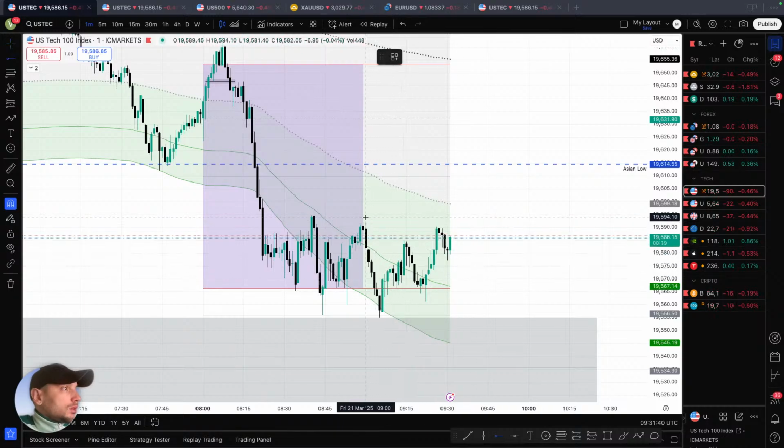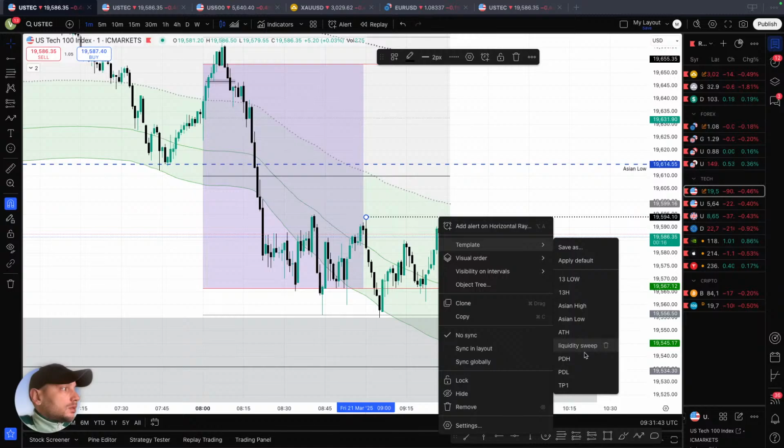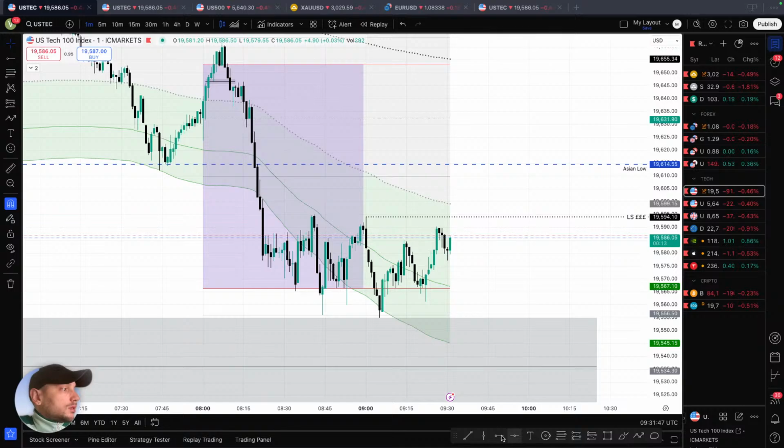We want to see those highs taken out, closed above. Or option B, those lows taken out. Candle with wick and back in.